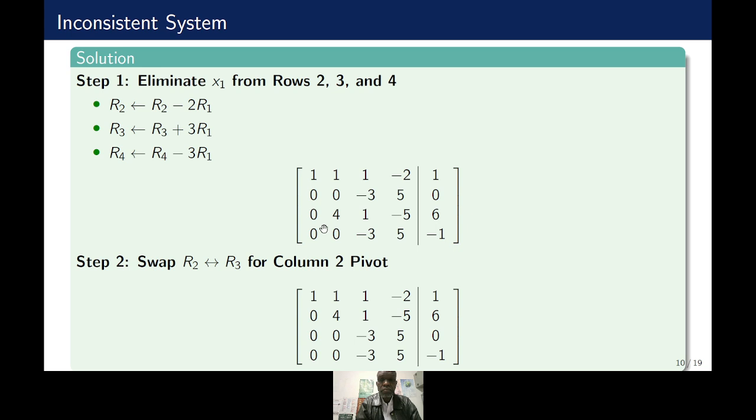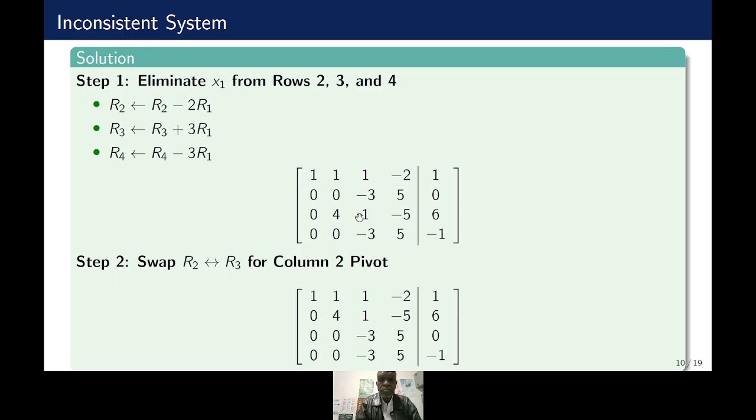We are just trying to eliminate x1 from rows 2, 3, and 4. If you perform them, they will give us this set. So what I implore you to do is to actually carry out these row operations and verify that you actually get this. That's important.